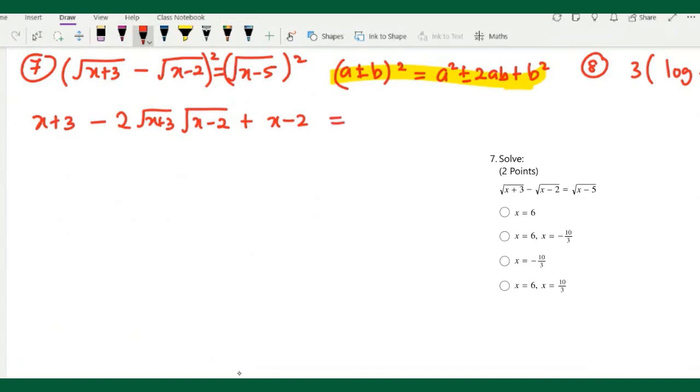Okay, equals to x minus 5. So this is a squared minus 2ab plus b squared.